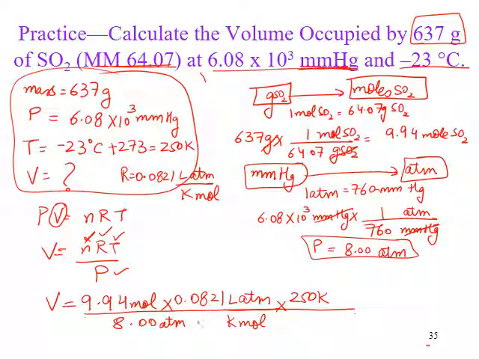So now let's cancel units first. Mole, mole, Kelvin, Kelvin cancelled, atm, atm cancelled. So I'm only left with liters, which is a unit of volume, which means I'm probably on the right direction. So the answer will come out to be 25.5 liters. That is the final volume that would be occupied by this gas under these conditions.